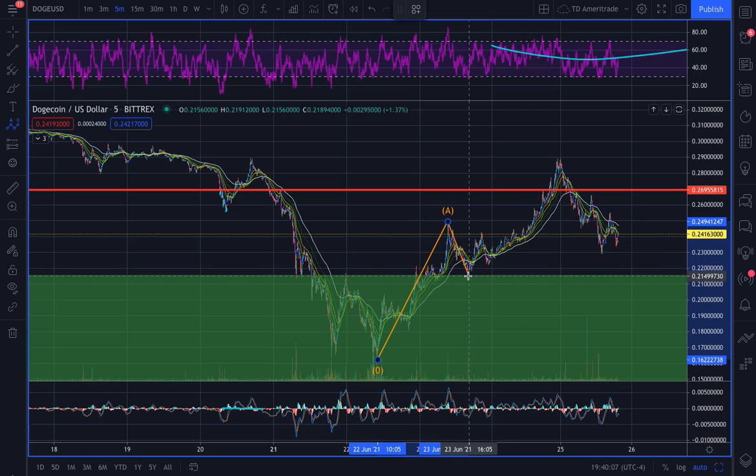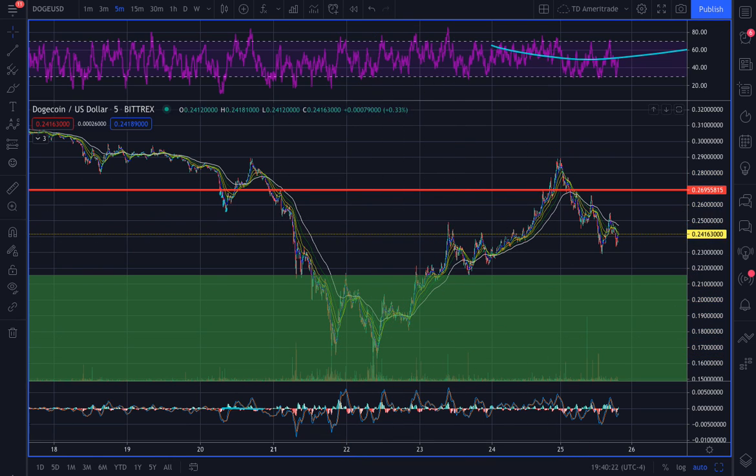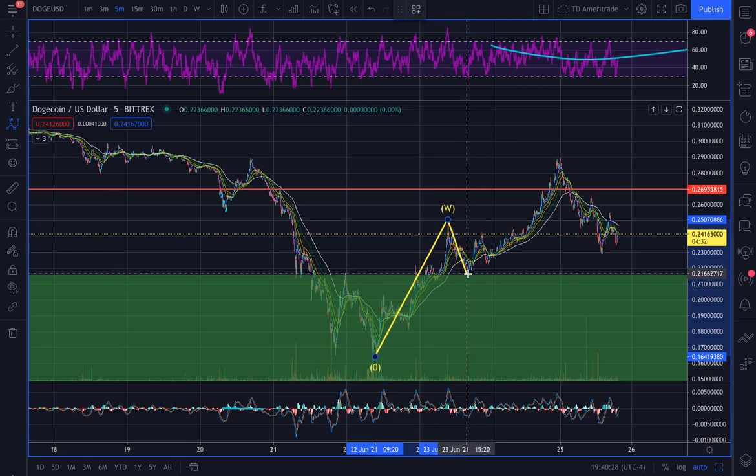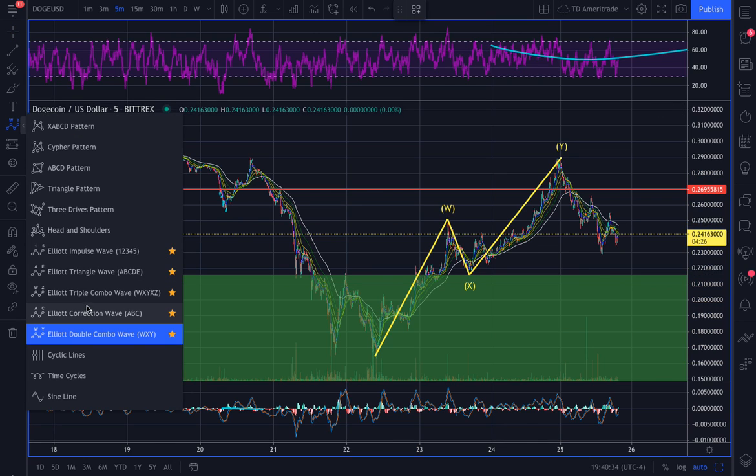Was this right here or right here? Either way, that looks like some type of 3 waves. And I could be wrong. That could not be an ABC. It could be W, X, Y.